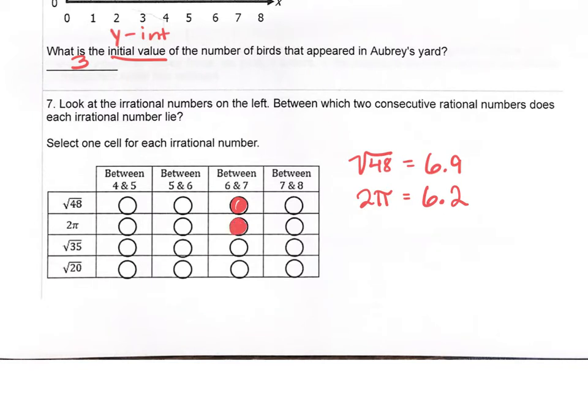Go to a calculator for square root of 35. So square root of 35, it's 5.9 something. That's going to be between 5 and 6. And then square root of 20, I can go to a calculator and I get 4.4 something. That's between 4 and 5. And I should put ... after each of these because they were not exactly these values. They just kept on going, but we could tell what they fell between.